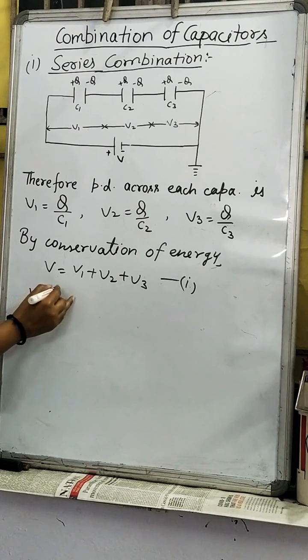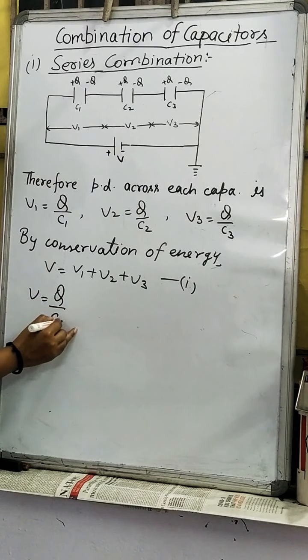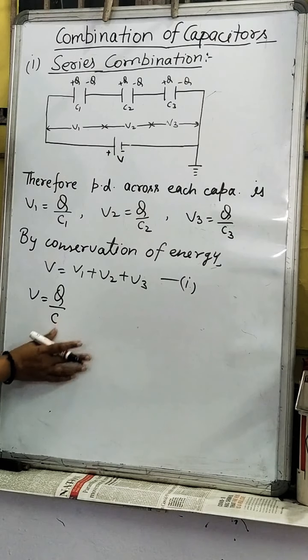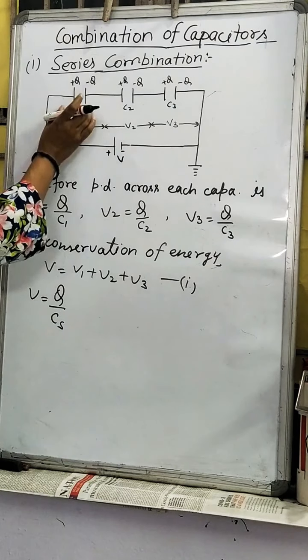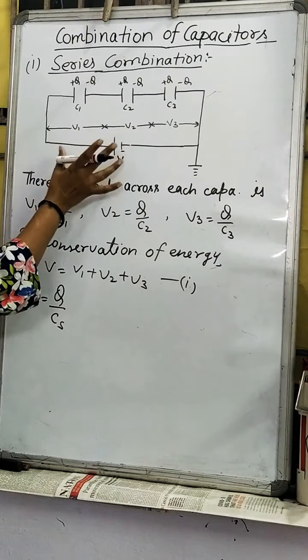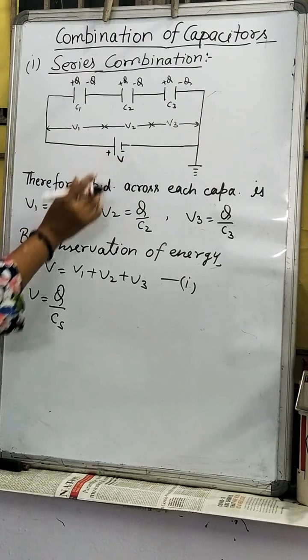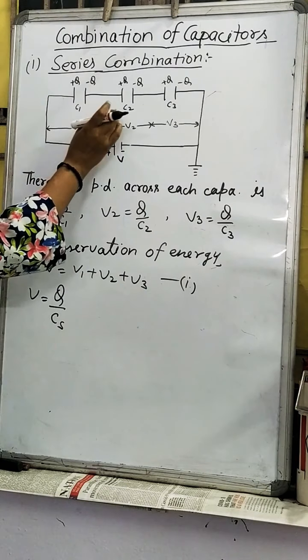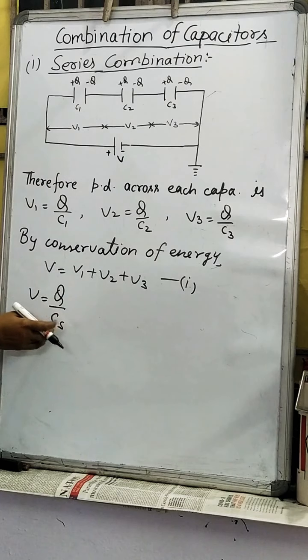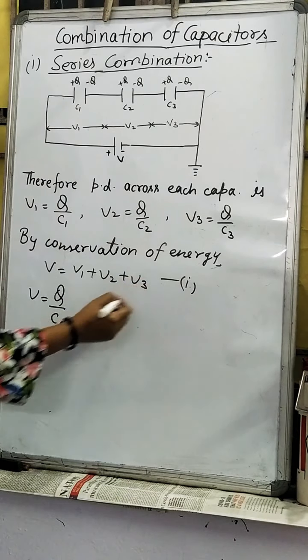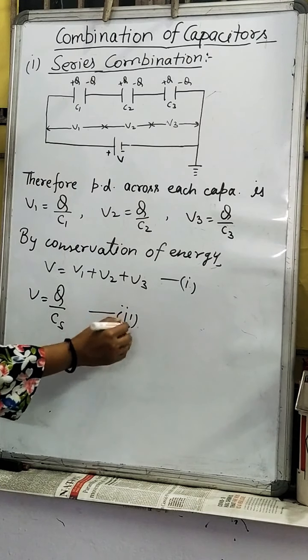Here CS means the capacitance of the whole system, the capacity of the whole system when we are connecting them in series, capacitance in series. This is equation first, and this is equation second.